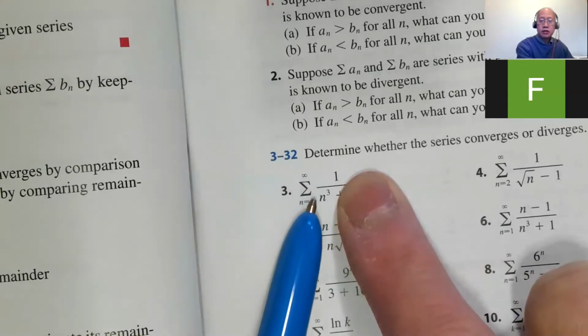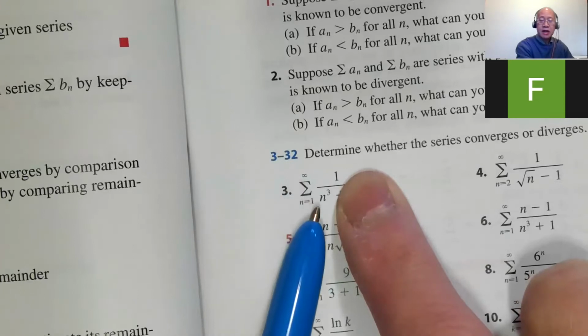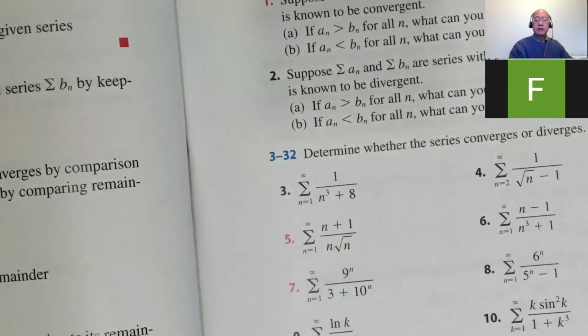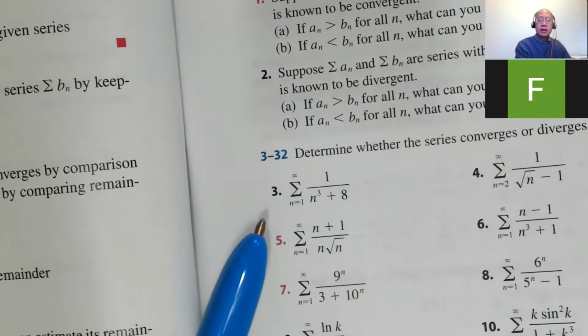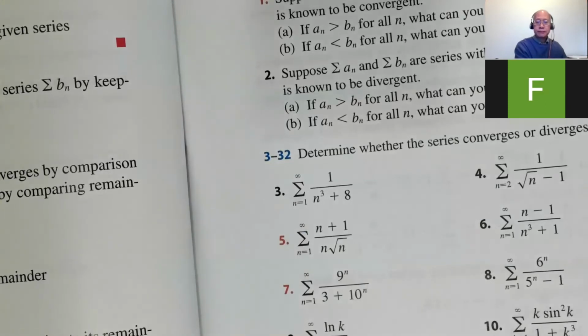Essentially, it's 1 over n cubed. Remember, n is going from 1 to infinity. If I get a billion, a billion cubed is super big, plus 8 is like nothing. So 3, I would say compared to summation 1 over n cubed.